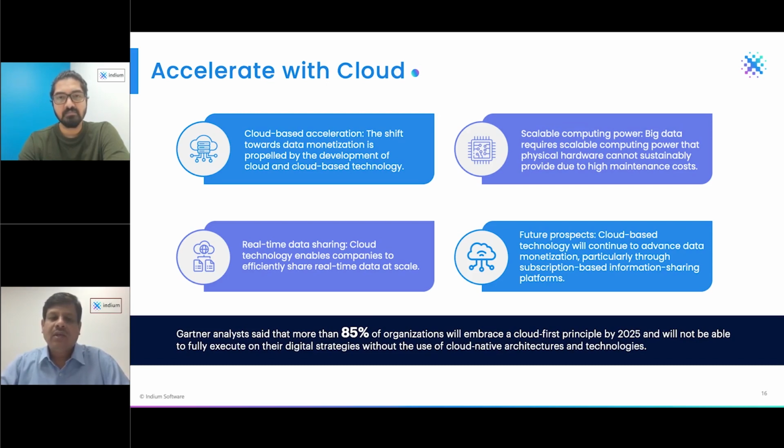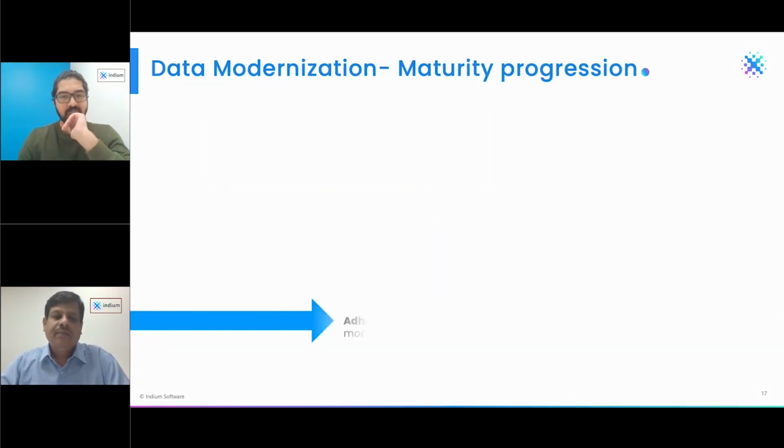How quickly you can bring in the modernization of your legacy or traditional data landscape is very critical. The faster way it is done is how you will be able to realize the benefits from a monetization perspective.